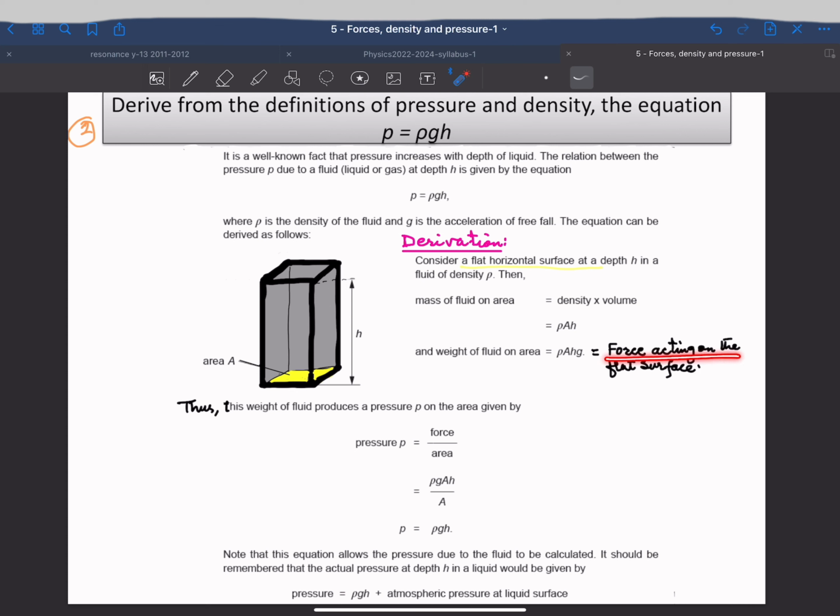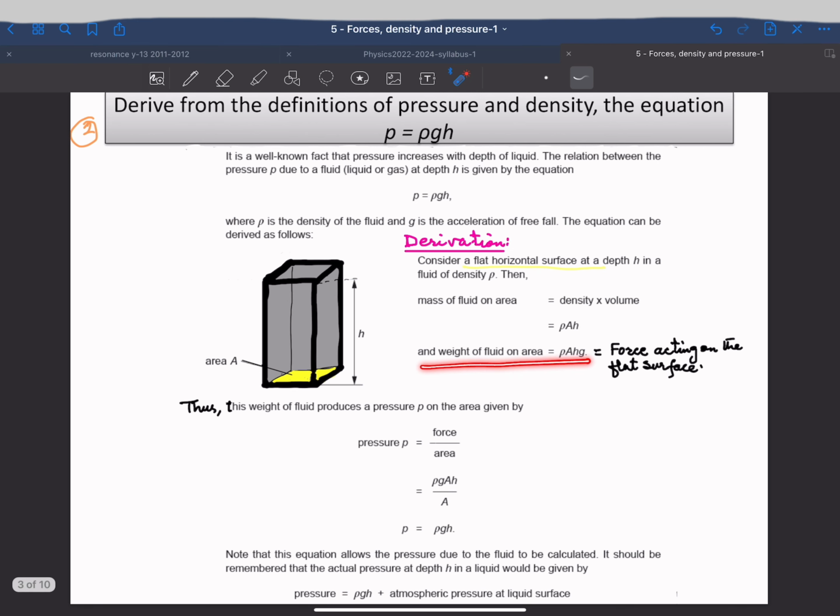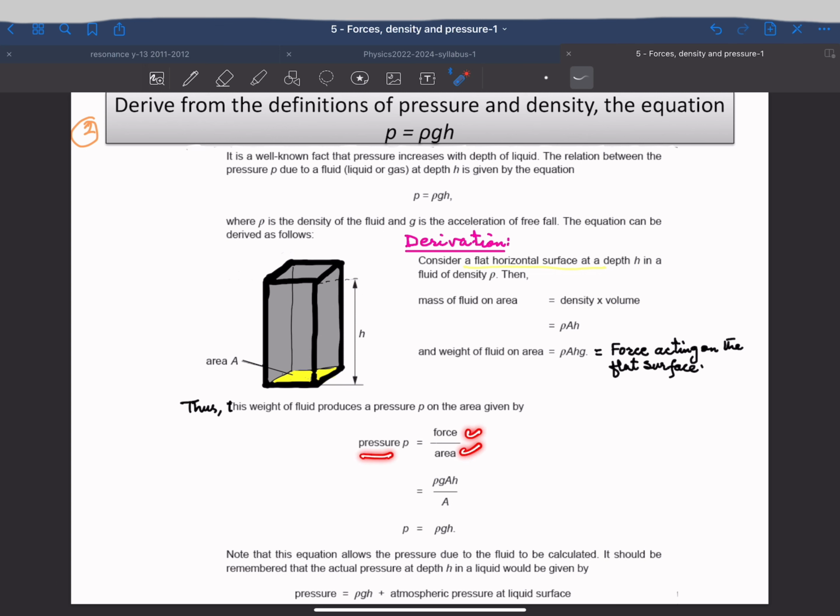So the force acting on the flat surface is nothing but because of the weight, or is the weight of the liquid or fluid. So this is very important. So this is simply, you can say, the force we are talking about. And here, as we have just said, pressure is nothing but force per unit area. So what you can do, you can use this weight or force here.